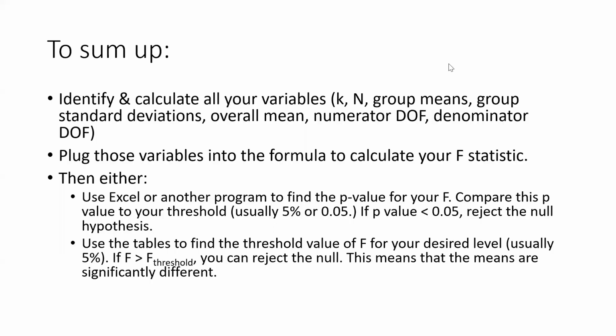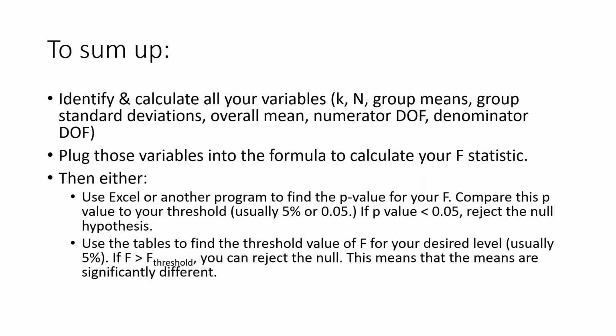Okay, let's summarize here. In order to perform ANOVA, you need to calculate the F statistic. So first you need to identify and calculate all your variables, which are k, n, the group means, the group standard deviations, the overall mean, the numerator degrees of freedom, and the denominator degrees of freedom.